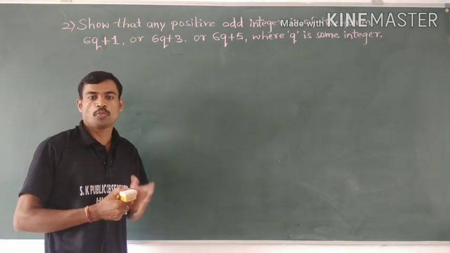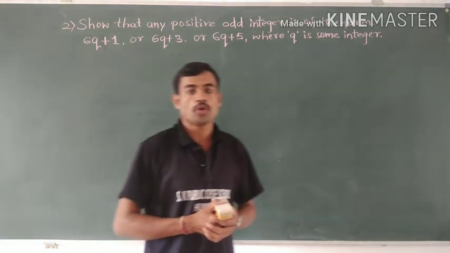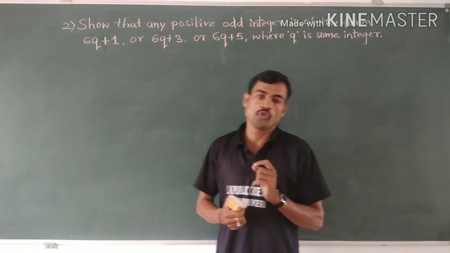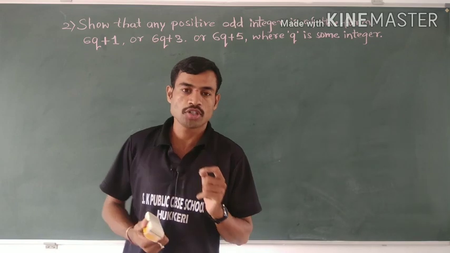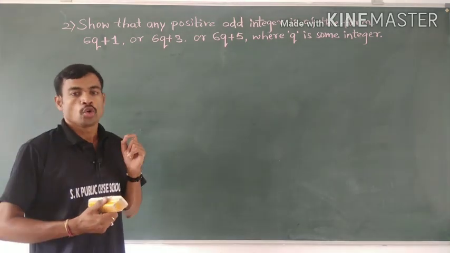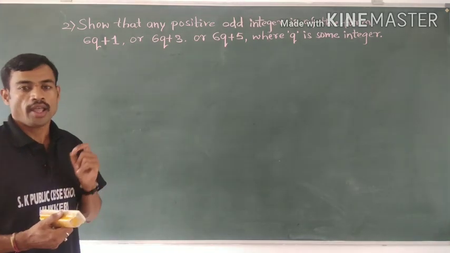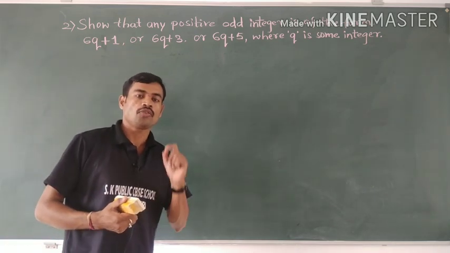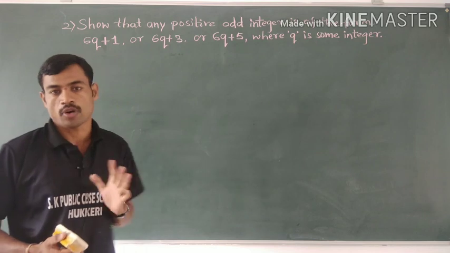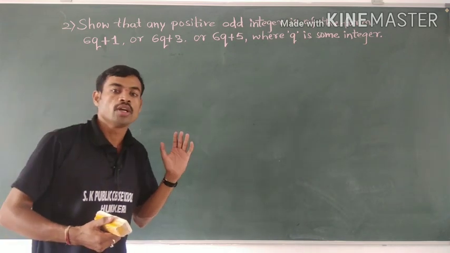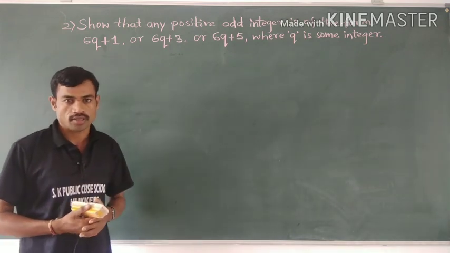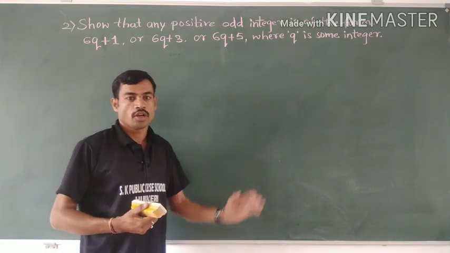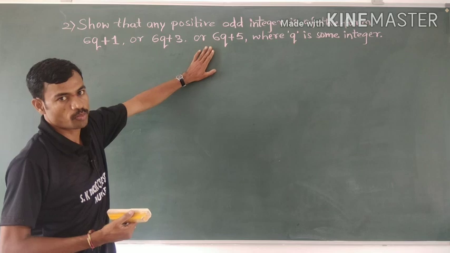The first point is that every positive even integer is of the form 2q, and every positive odd integer is of the form 2q plus 1. By using these two very important points, we have to solve this problem.